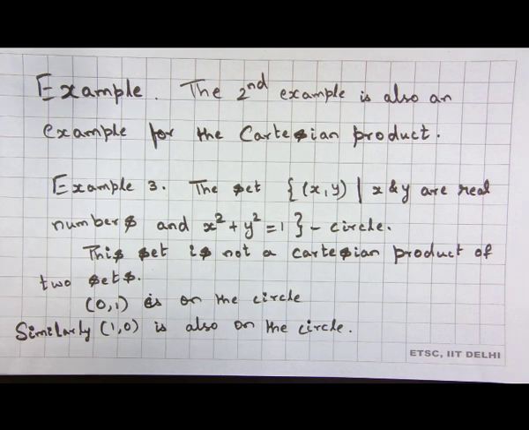We have 0 comma 1 on the circle and 1 comma 0 on the circle, which means what does this tell us?